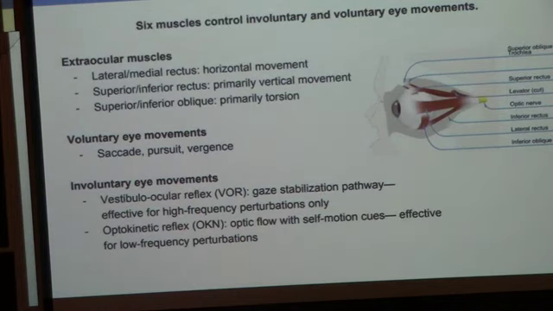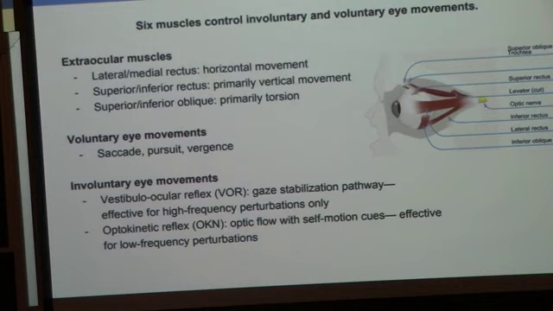The vestibulo-ocular reflex allows you to detect movement of your own body and adjust the eye movements accordingly so you're able to stabilize your gaze. An example is texting while walking down the street. While you're walking, your head and body are moving, and somehow your eyes are still able to focus on the text you're reading.